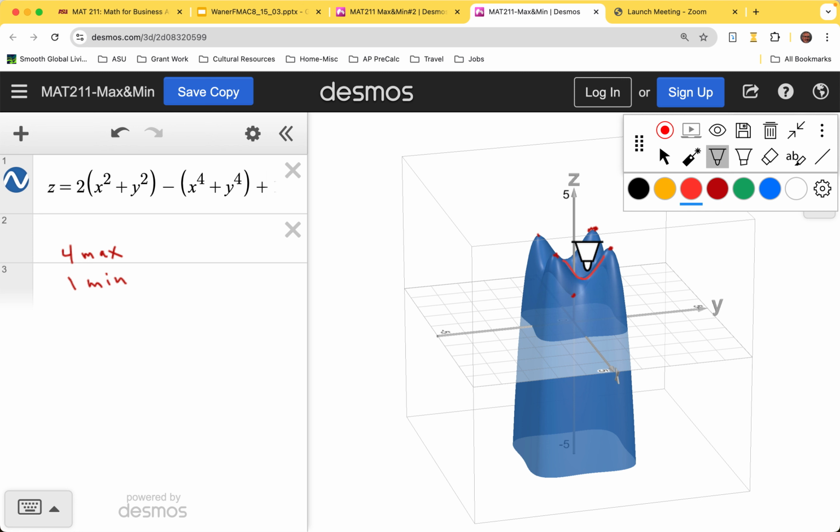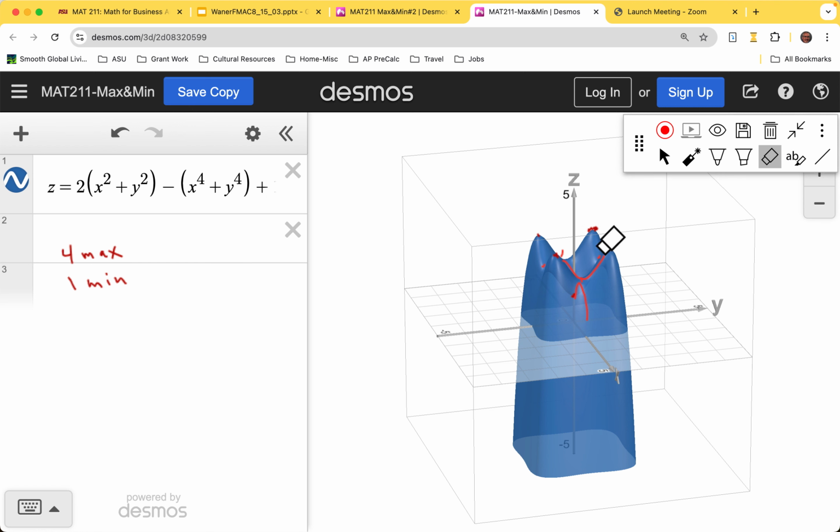We come along this edge. But if we go in the y direction, we go up, and then inside we go back down. So we've got a minimum and a maximum. That's what a saddle point gives us. And I can see there are going to be 4 of them in between each of these mountains. So 4 mountains, 4 valleys, and 1 big valley in the middle where everything goes down to.